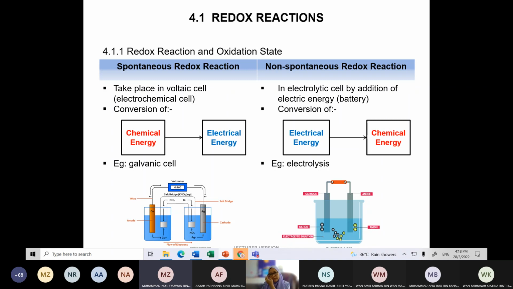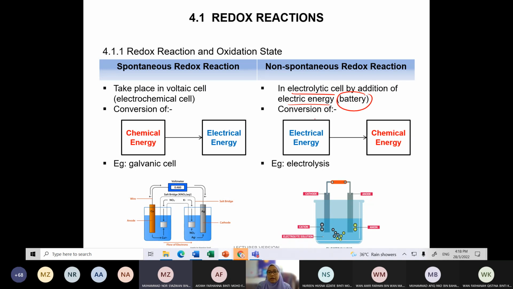So non-spontaneous on the other hand, example macam electrolytic cell. In electrolytic cell, electrolysis kan, by addition of electric energy. So it requires energy. Energy is normally provided in terms of battery.